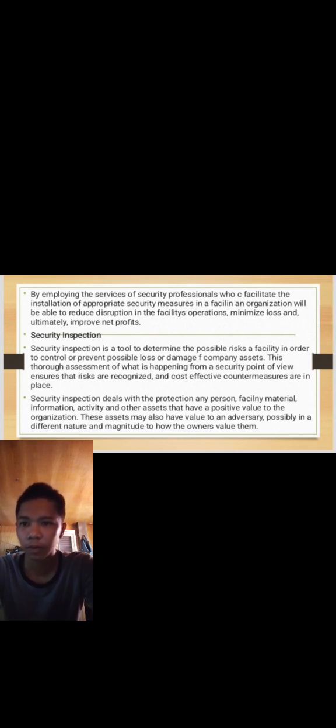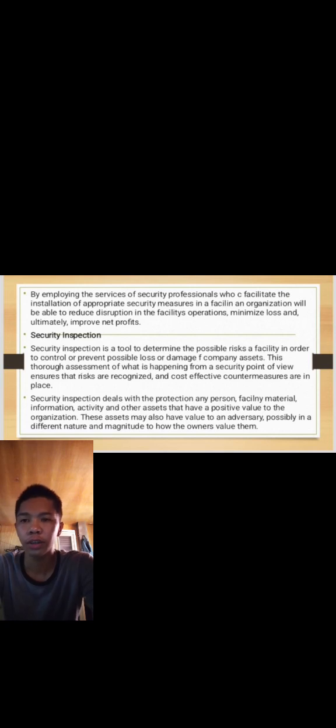facility, material, information, activity, and other assets that have a positive value to the organization. These assets may also have value to an adversary, possibly of a different nature and magnitude from how the owners value them.